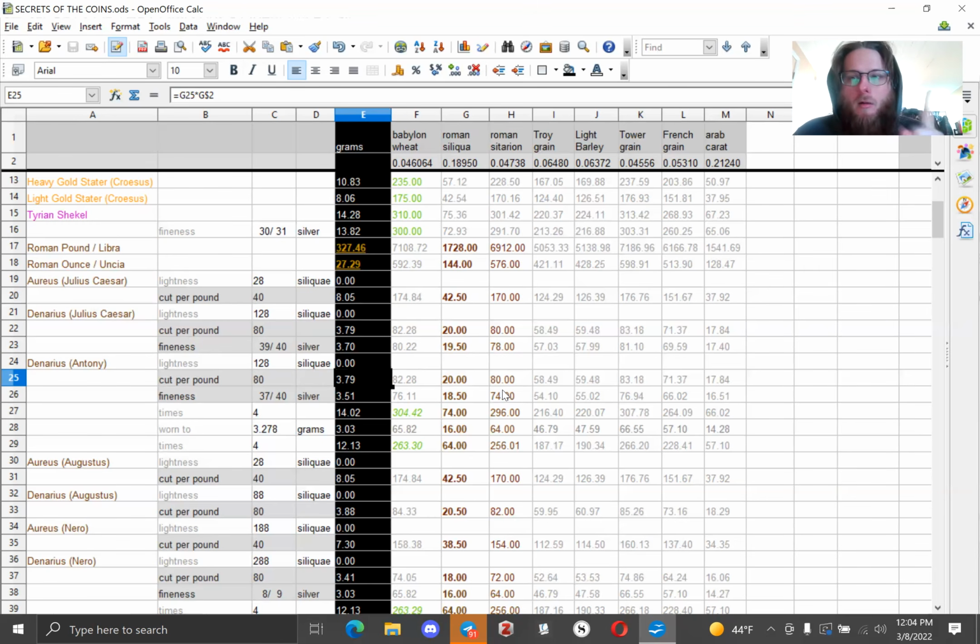But the heaviest ones are around 379, which is this 20 siliqui. Now, but they're less pure. They are, I think, about 37/40 fine, which means that they would contain 18.5 siliqui of silver.